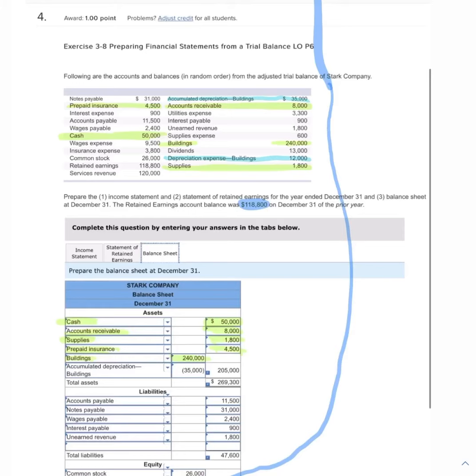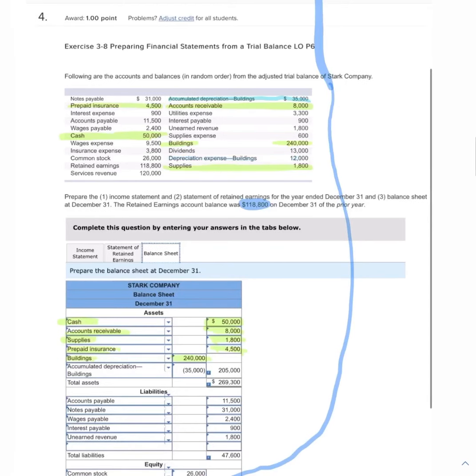That's a good question. So let's think. What are we trying to do on the balance sheet? On the balance sheet, I'm trying to track the valuation of this asset over time. So I'm going to need the accumulated depreciation balance of $35,000, not the $12,000 of depreciation expense.